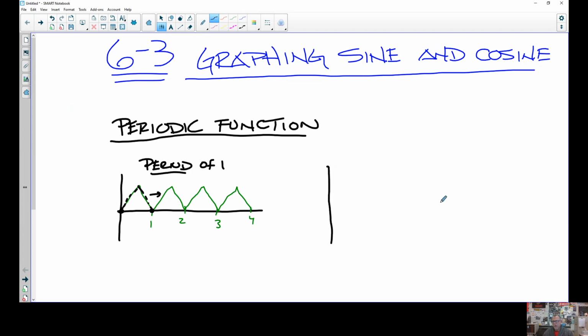If we have another graph, let's draw this one where we start here. I'll try to make this as precise as possible with the tools I have here.